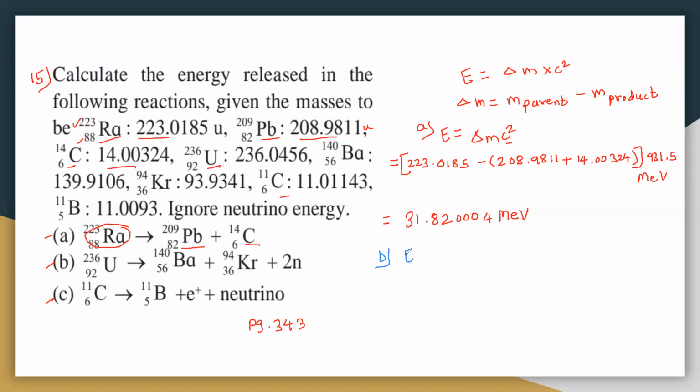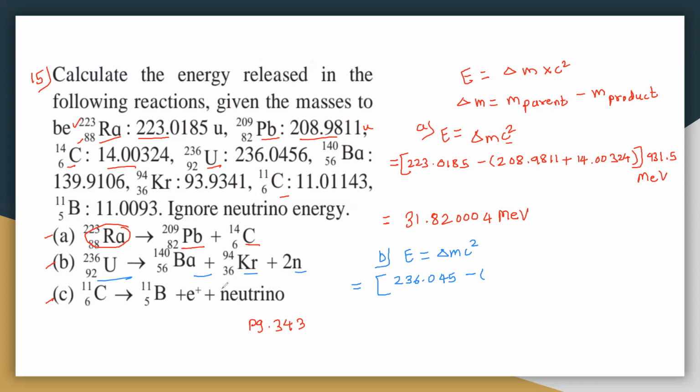Again the formula is the same, del M into C square, which is equal to, now here in this case parent atom is U, its mass is given 236.045 and product is Ba, Kr and this neutron.